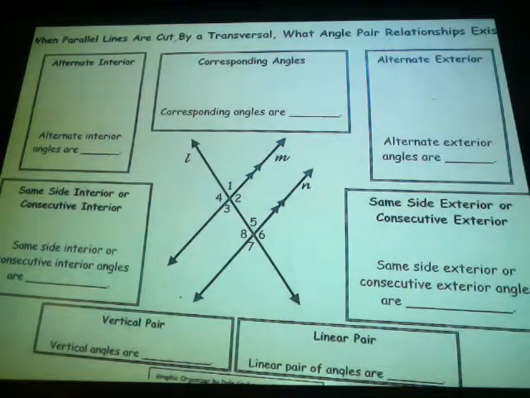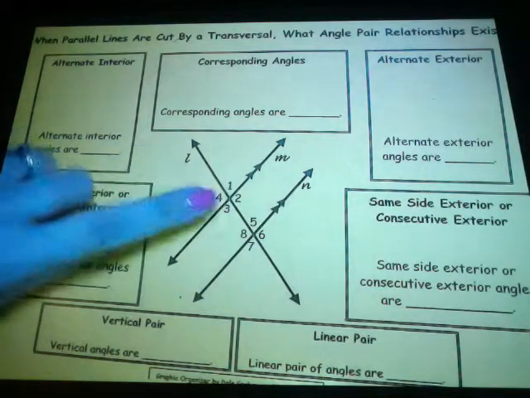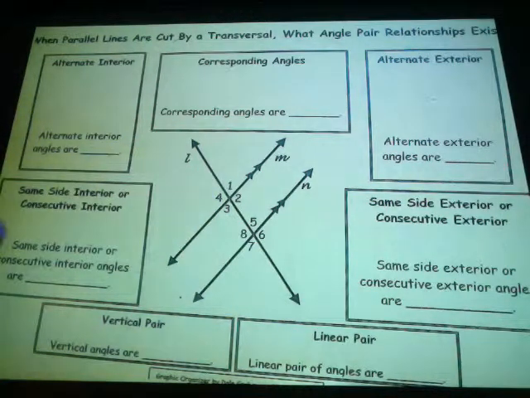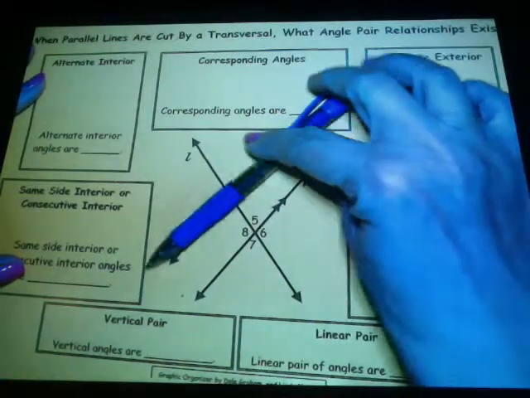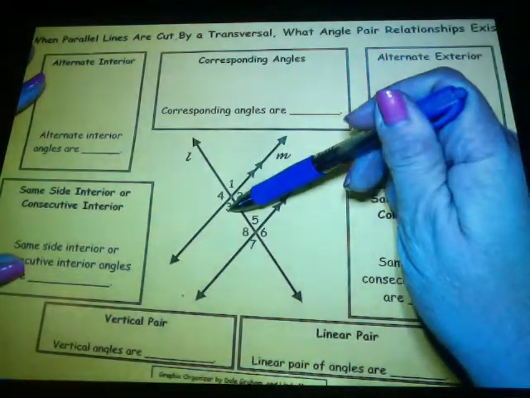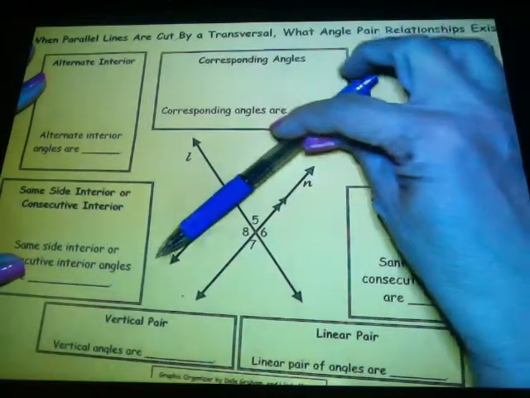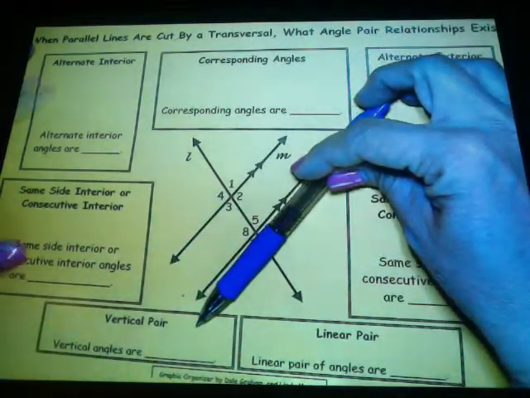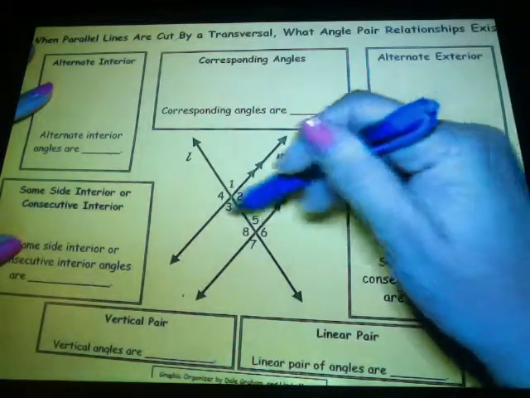Find your alternate interior angles. I'm going to write them right here. On this picture, which are your alternate interior angles? So these are my parallel lines, right? 3 and what? Alternate interior. 3 and 5, they have to be on alternating sides, right?